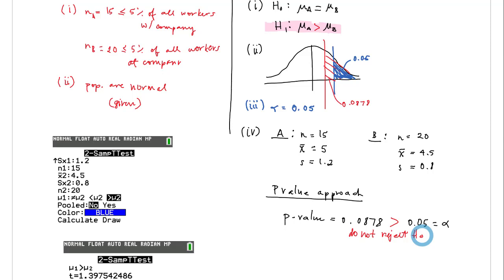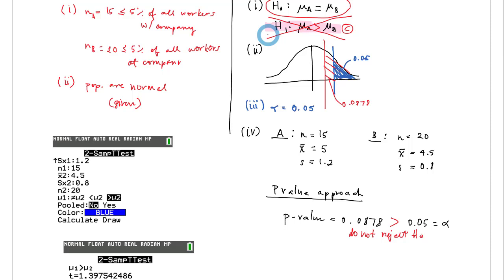So if we do not reject the null, this means that we do not support the alternative. And because the alternative was our claim, do we support our claim? Well, no, right?